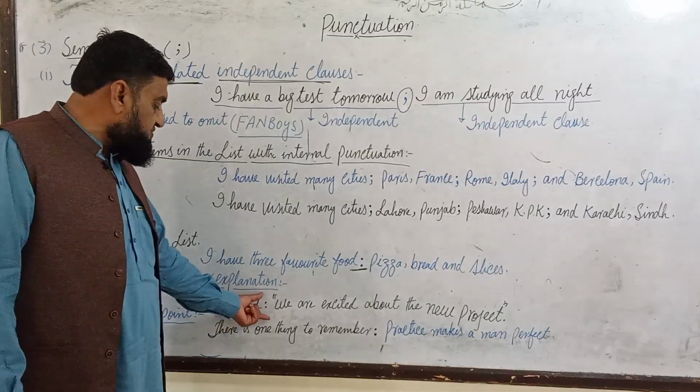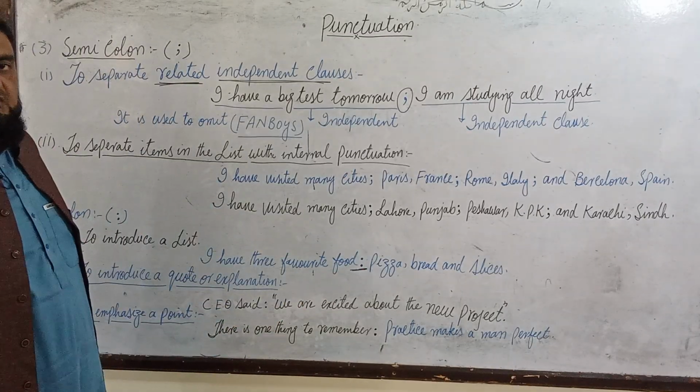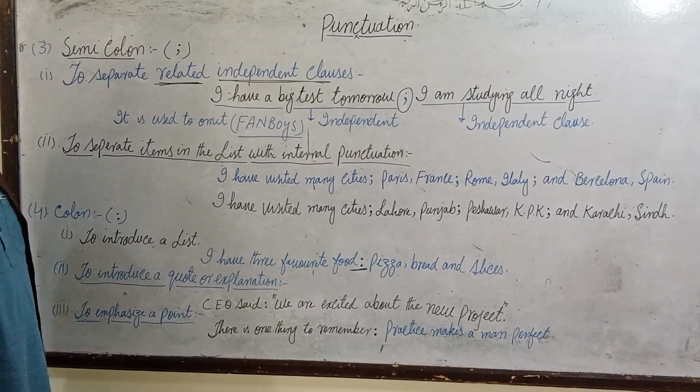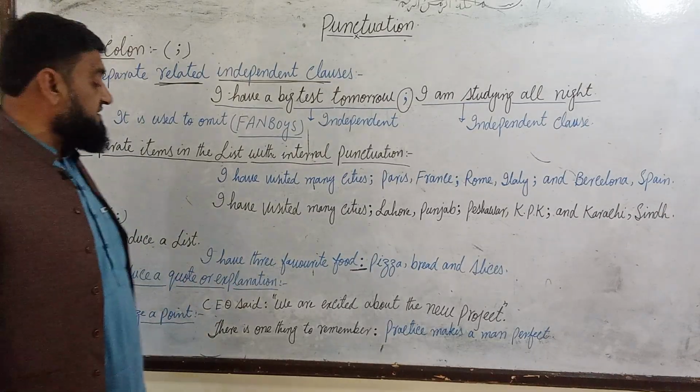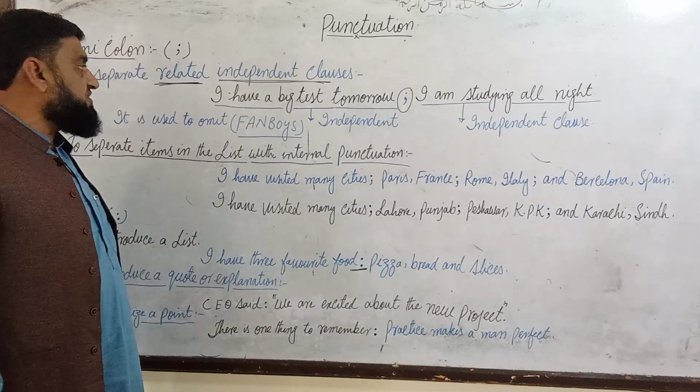So the CEO said colon, "We are excited about the new project." And to emphasize a point, for example, there is one thing to remember: practice makes a man perfect. So three important usages of colon.